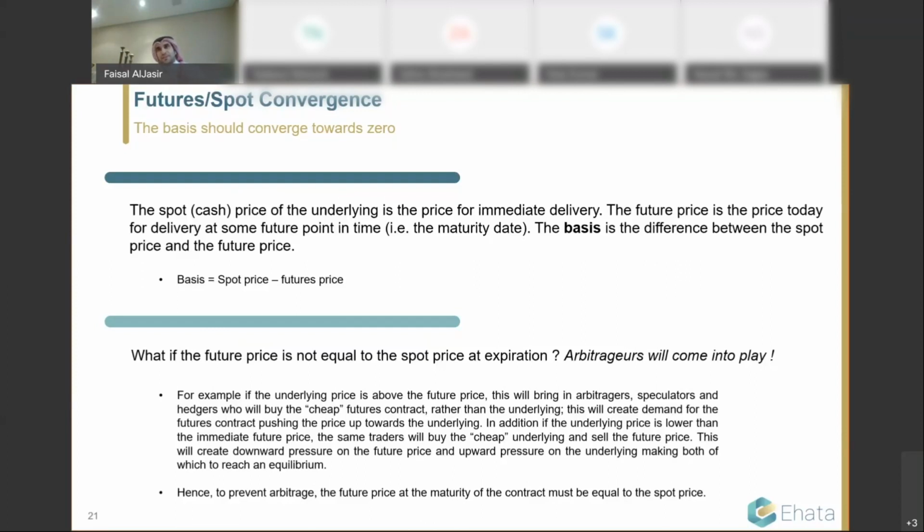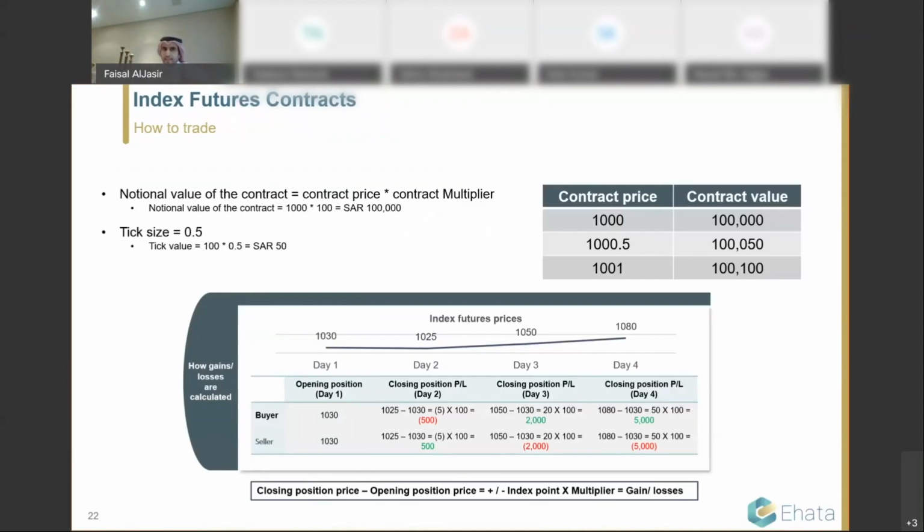If that didn't happen, there will be a chance for riskless trades to happen. And if they do happen, enough of them will eliminate the trade, there is no profit in it, and we will go back to zero. So this is an important concept, to understand the relationship between future and spot.